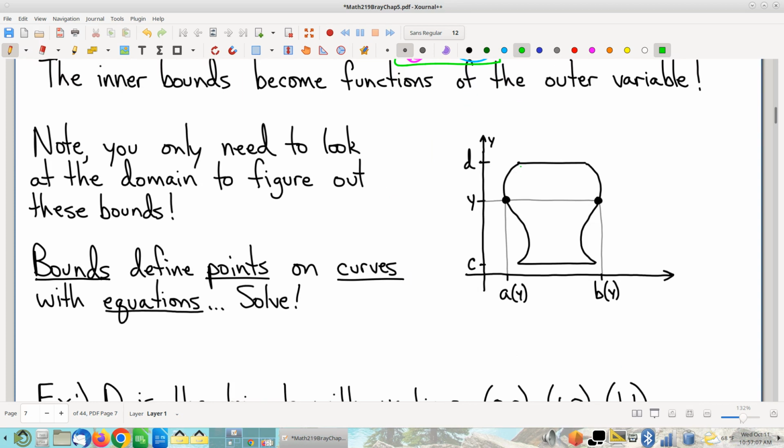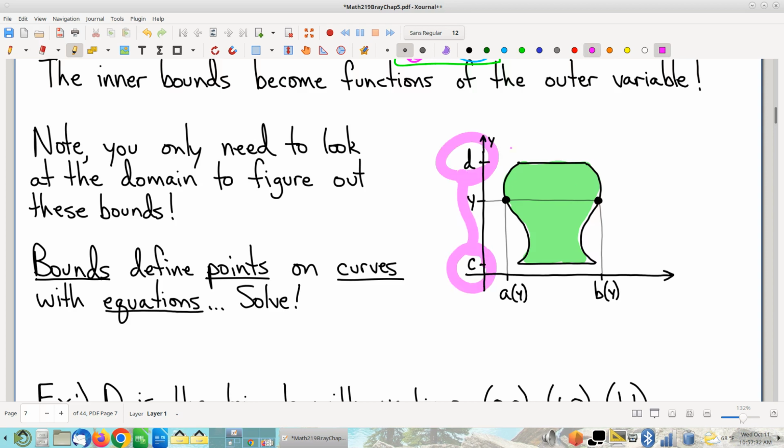And so then notice that once you've drawn the domain like that, well, you can see the y bounds there and there.